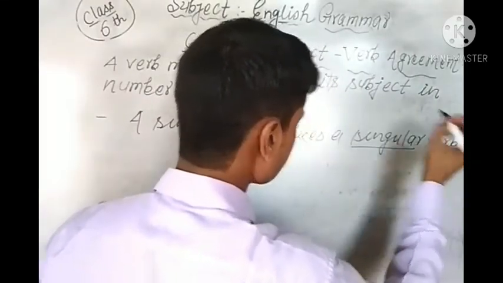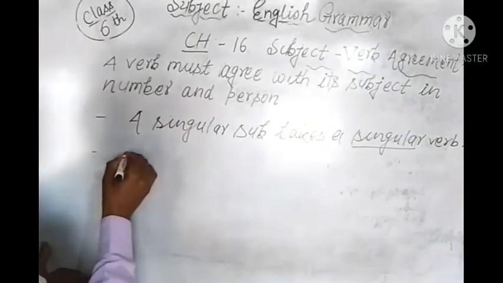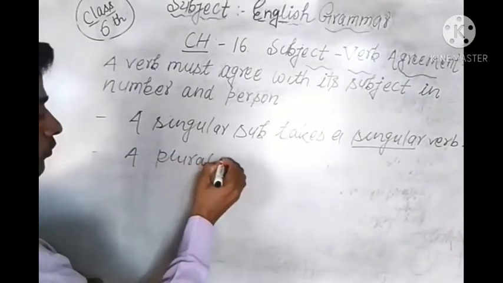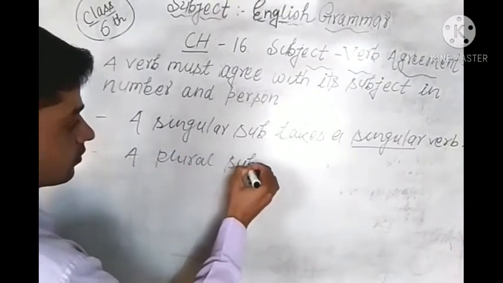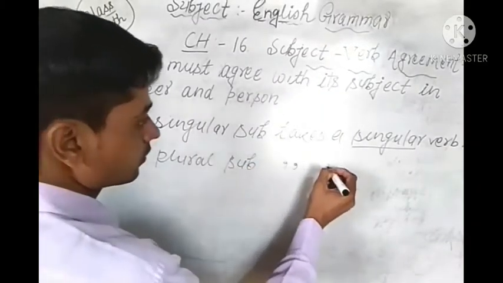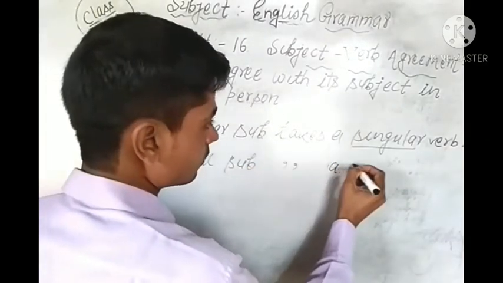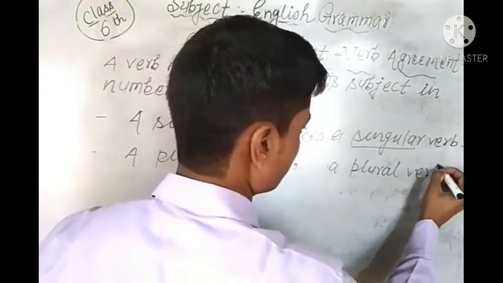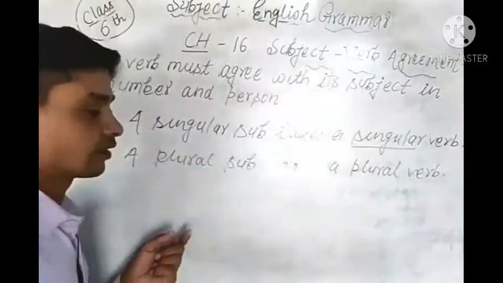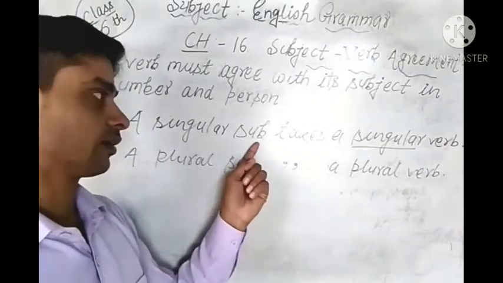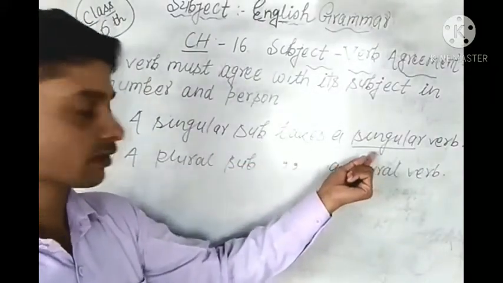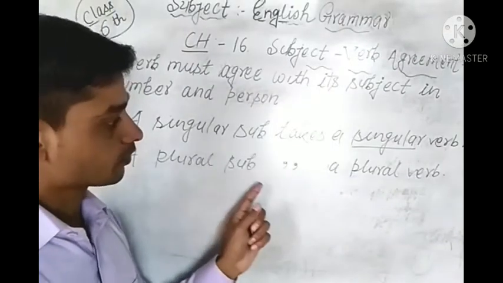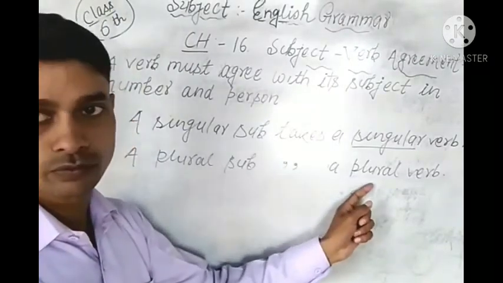And next, a plural subject takes a plural verb. You have to remember, if the subject is singular, then we use a singular verb, and if the subject is plural, then we use the plural verb.